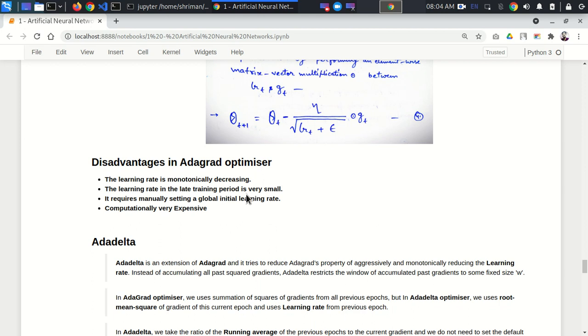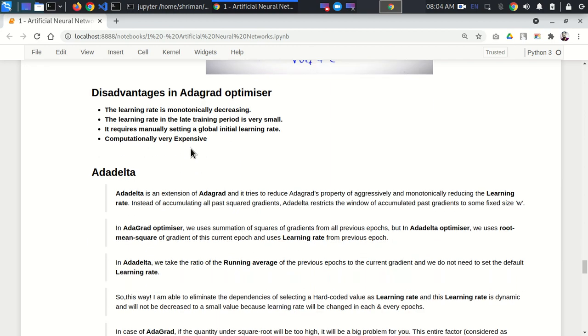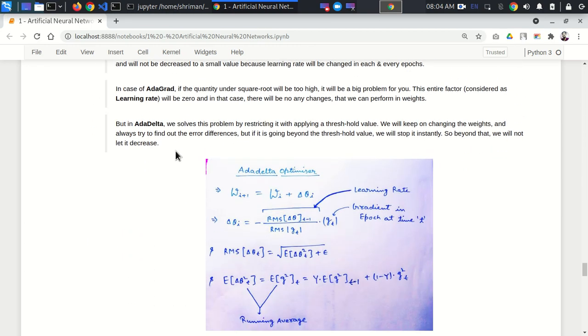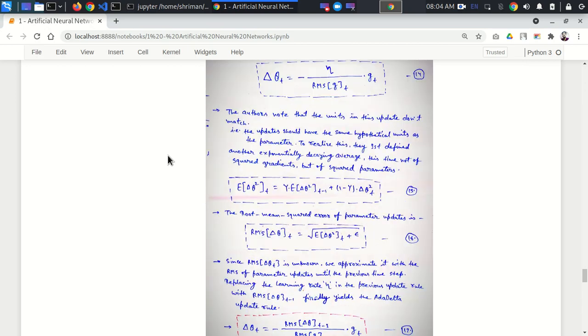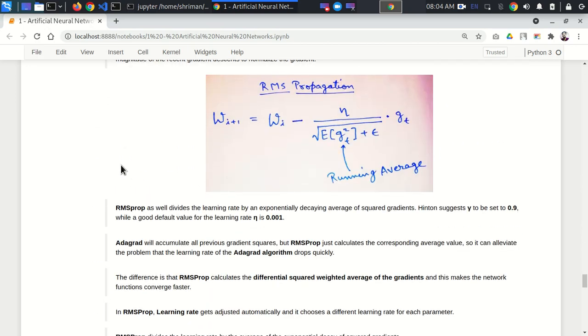Now after this, people introduced a different kind of optimizer, which is the AdaDelta optimizer. After AdaDelta there will be RMSprop, then Adam.